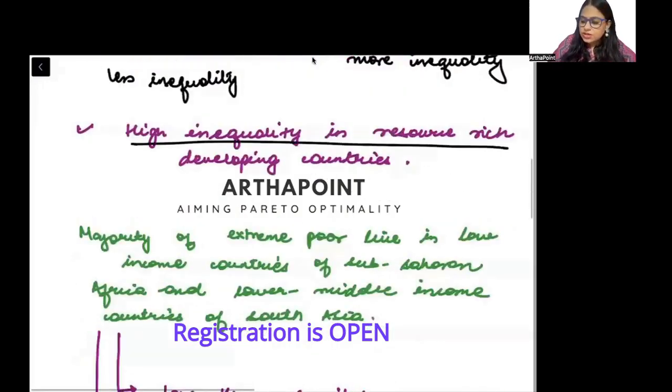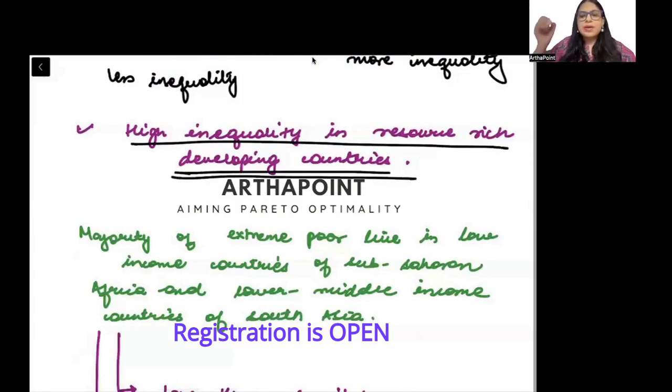High inequality in resource rich developing countries has been seen. So those countries which are just developing, जो अभी डेवलप ही हो रही हैं, but they are resource rich, वहां पे भी देखा गया है that the inequality is high.